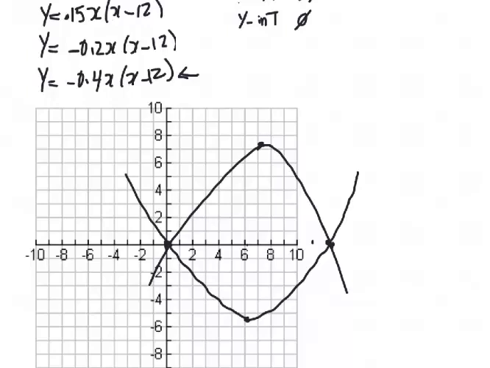Now the vertex, the x-coordinate is going to be the average of these 2 points, which is going to be again 6. We put it back to find the y-coordinate of the vertex. We get v sub y is negative 0.4 times 6 times 6 minus 12. If you evaluate this one, we are going to get 14.4.